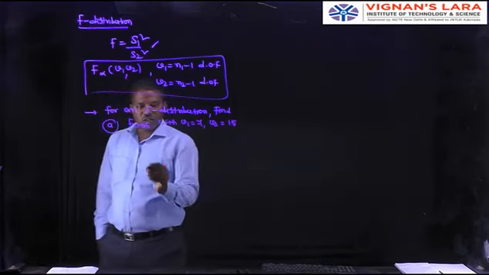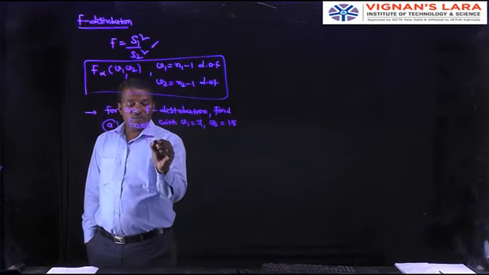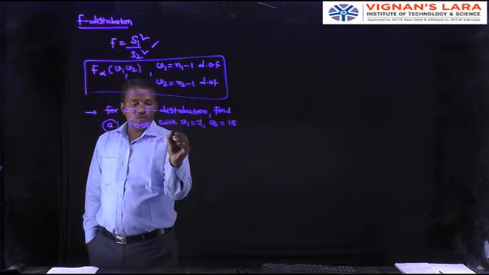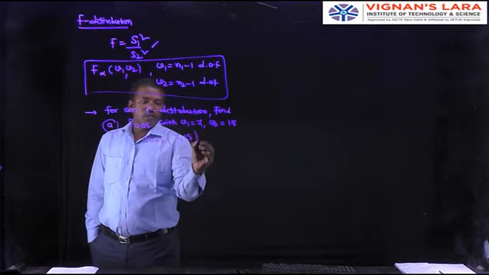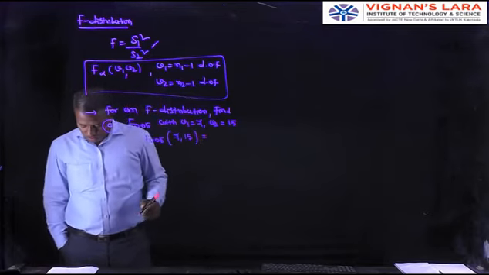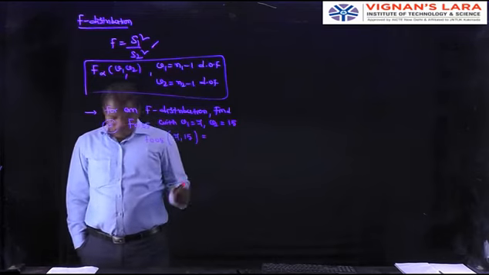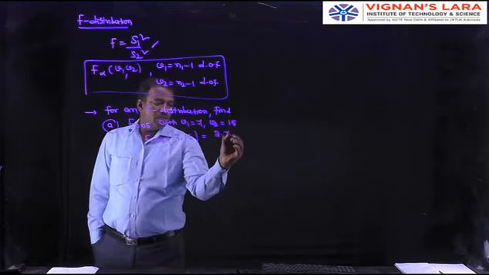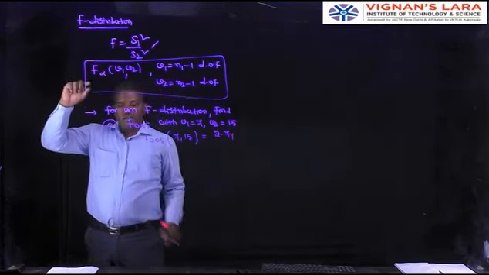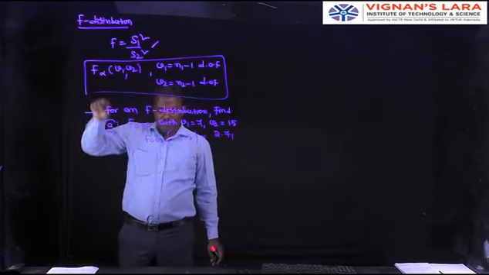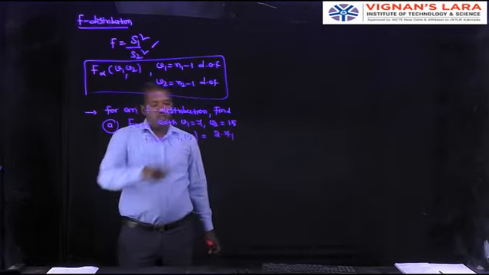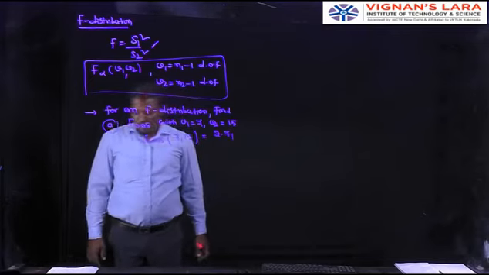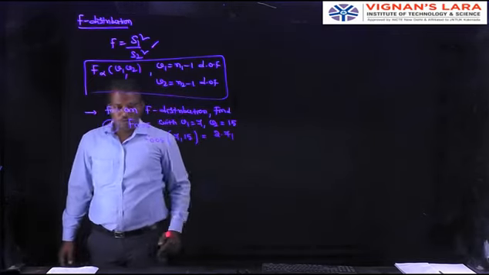For this one, the value is F suffix 0.05 comma 7 comma 15. That value is 2.71 from the table. First identify V1 in the first column, V2 in the top row, and at alpha 0.05, that is 2.71. It is a direct value from the table.